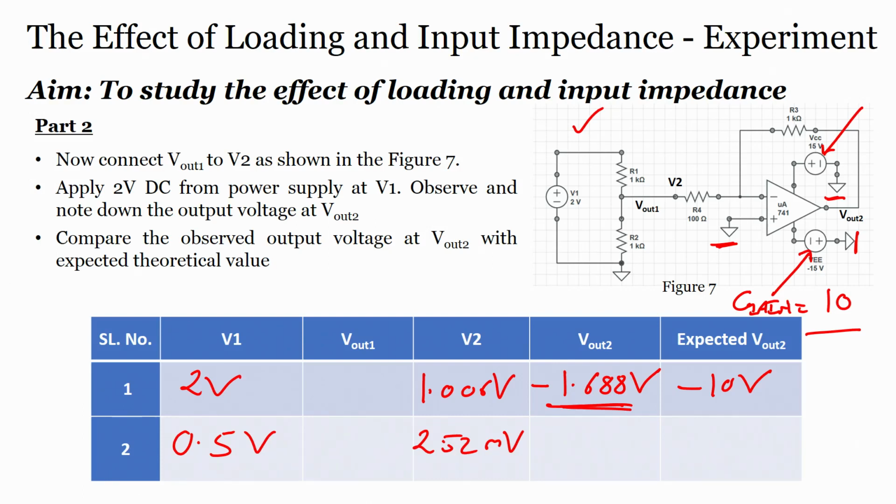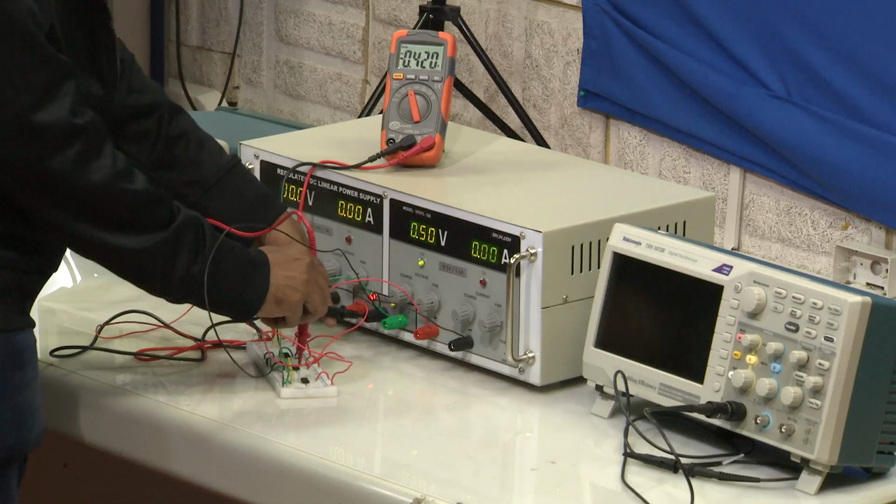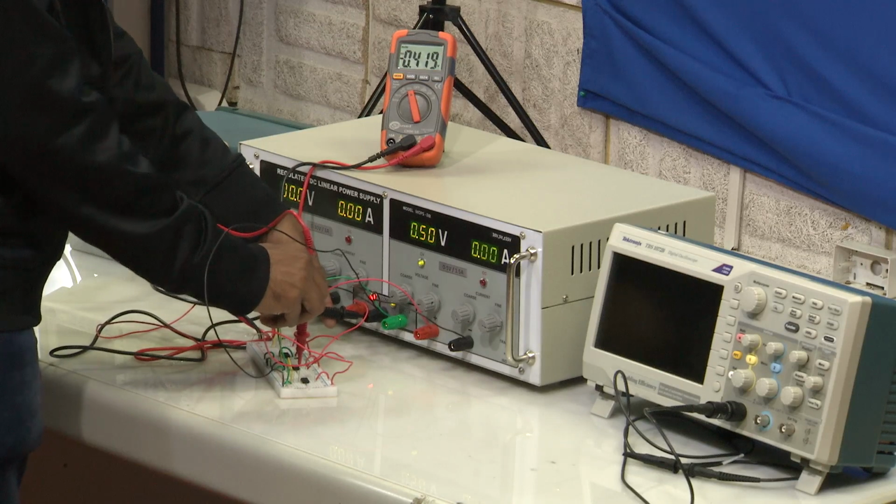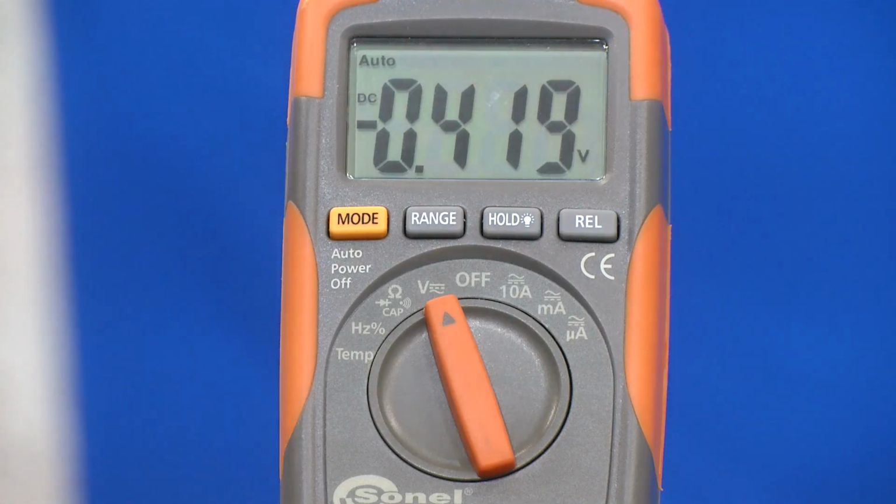the value, if you can see on the multimeter, at V out 2 would be minus 0.419 volts. Now, again it is strange, is not it? Why?